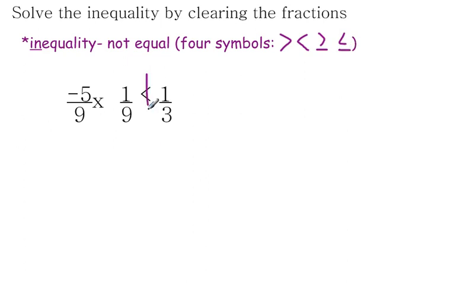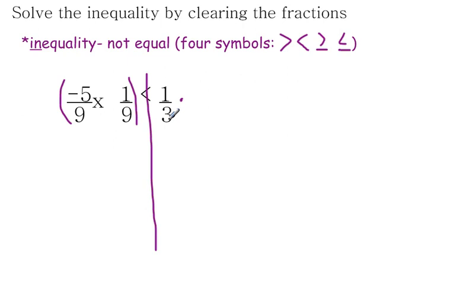So I'm going to go ahead and put in my balance line. And it says solve the inequality by clearing the fractions, and we learned how to do that in a previous lesson. I know that I'm going to multiply both sides by a whole number, and I need to look at the denominators to decide what whole number to use. I'm looking for a number that these denominators will go into.